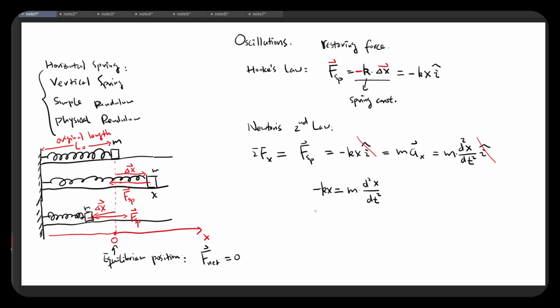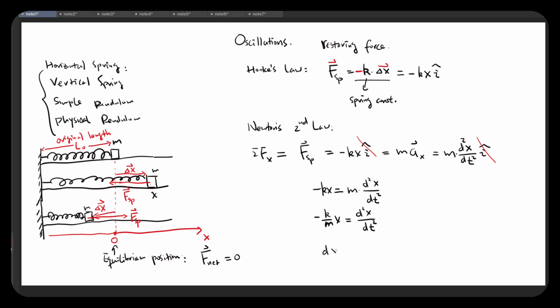And then we will try to rewrite this as some standard differential equation. So first we divide both sides by m, and then we move the left term to the right side.